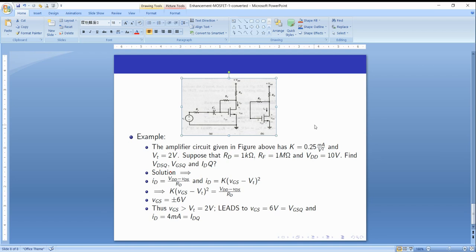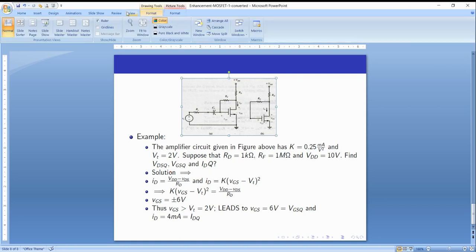So students, we will solve a problem on feedback biasing of enhancement MOSFET. The feedback biasing of enhancement MOSFET circuit is shown in the figure.